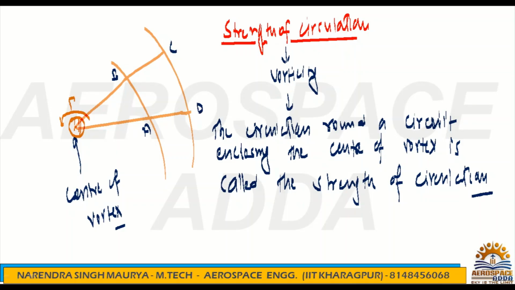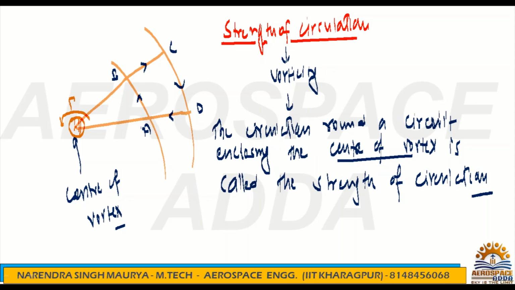It does not include the center of vortex, because the strength of circulation exists when the circulation round a circuit includes the center of vortex. But here this circuit does not include the center of vortex. Where is the circuit? A to B, B to C, C to D, and D to A. This is the one circuit.